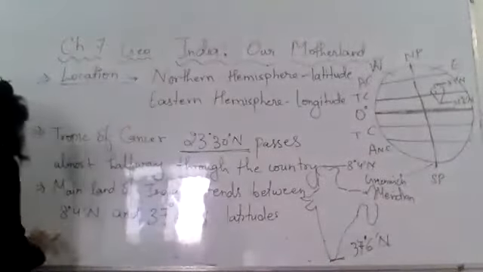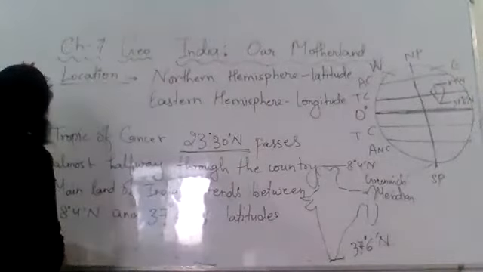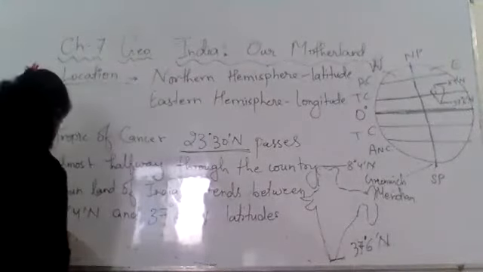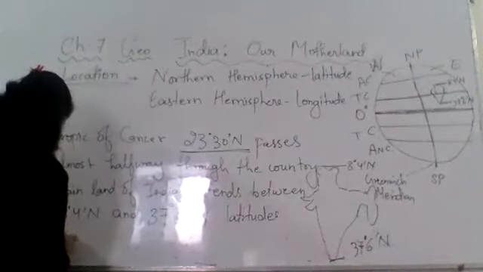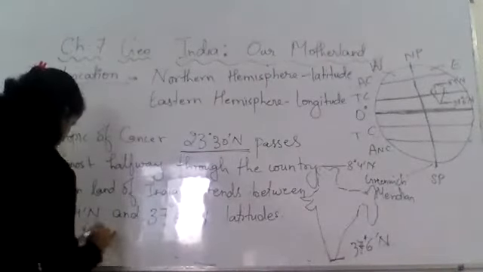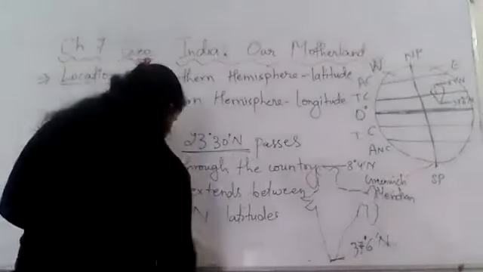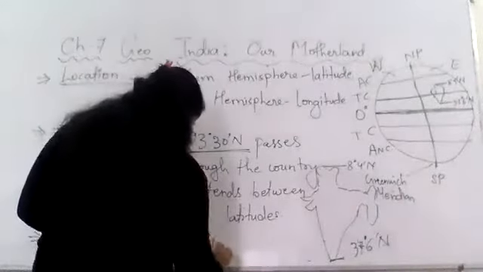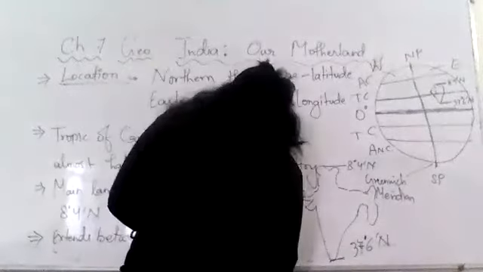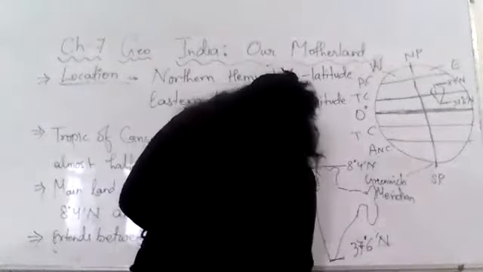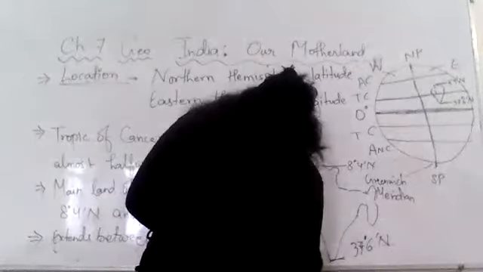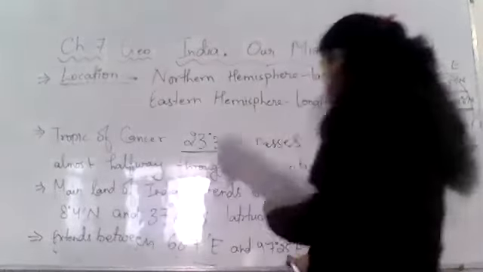Now from the longitudinal division, how is the extent? From the longitudinal division, you will see it extends between 68 degree and 7 minutes east and 97 degree 25 minutes east longitude.